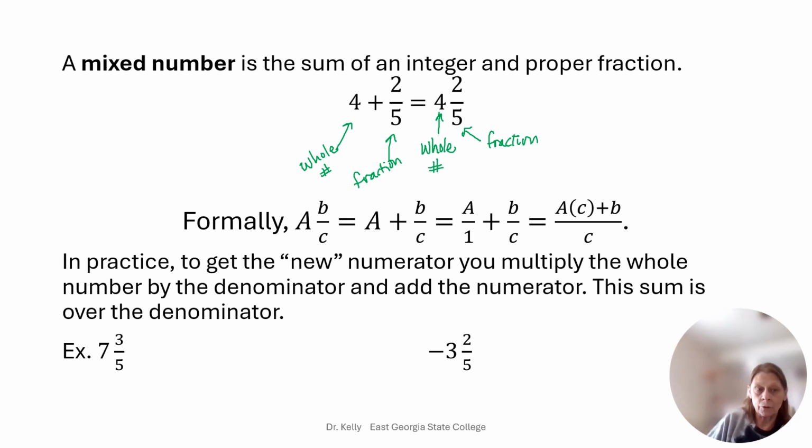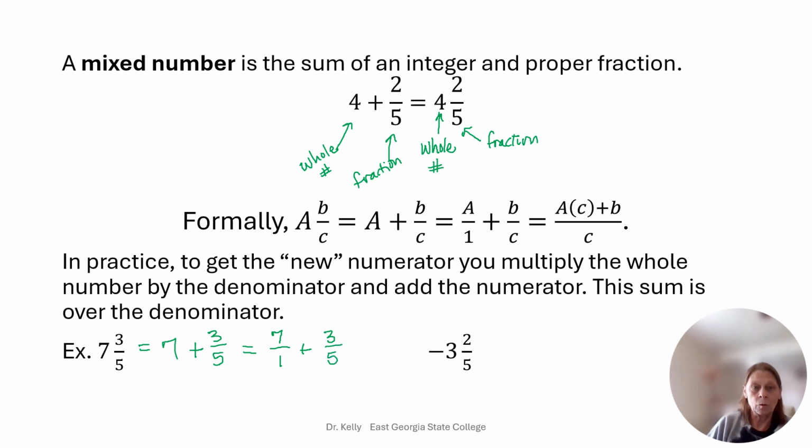Okay, so we're going to start off by converting our mixed number into a sum here. This is equal to 7 plus 3/5. And if we were to put these together, we have 7 over 1 plus 3 over 5.